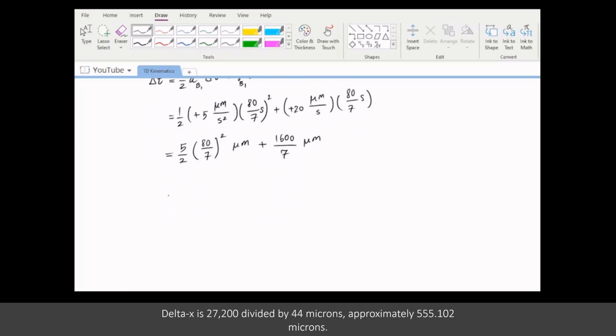Delta x is 27,200 divided by 44 microns, approximately 555.102 microns.